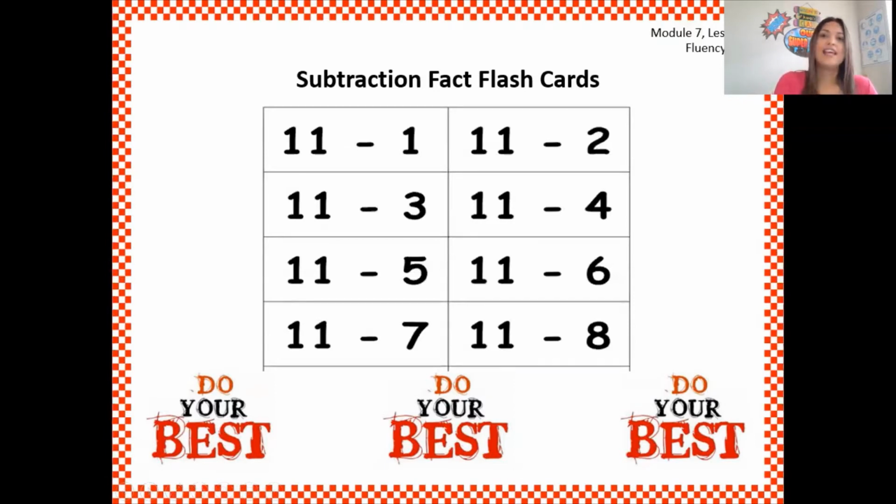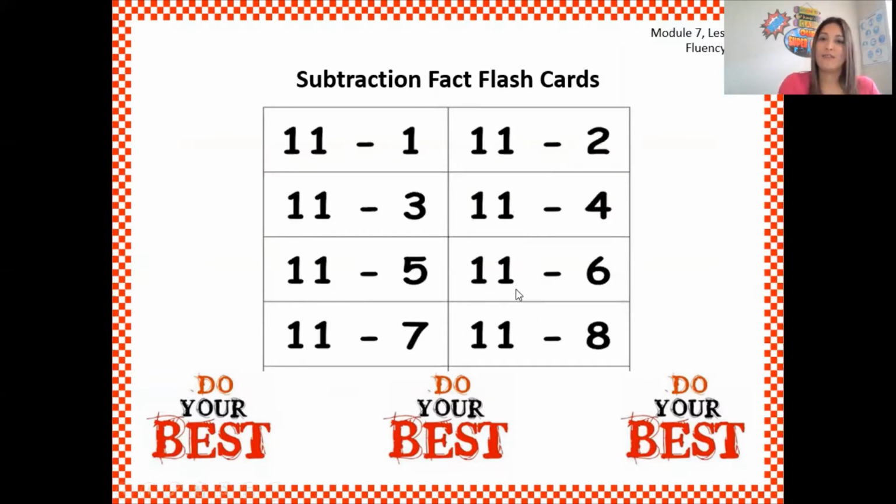Yes, 10. Next one is 11 minus 2. Yes, 9. The next one is 11 minus 3. 8. Next one is 11 minus 4. 7. Next one, 11 minus 5. 6.